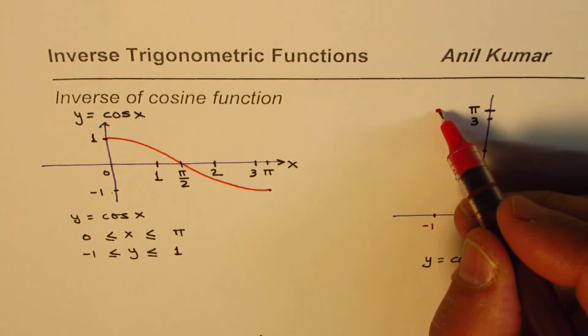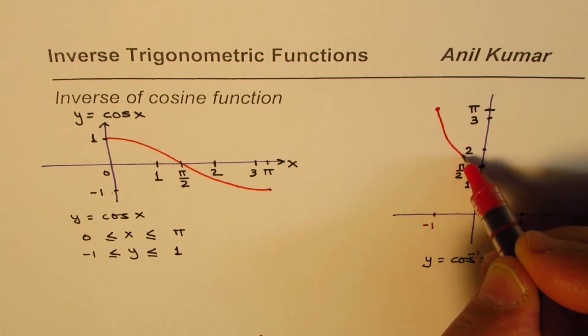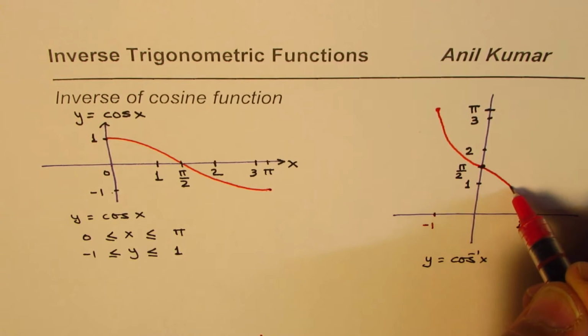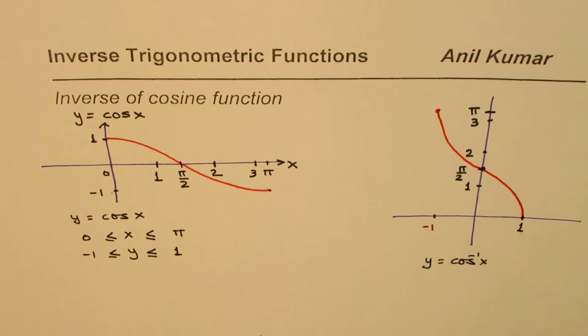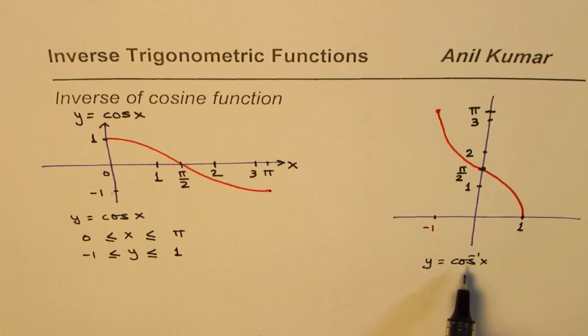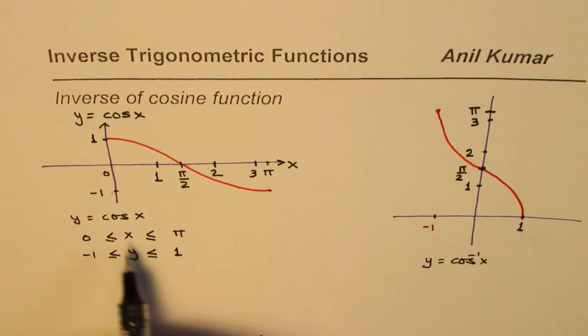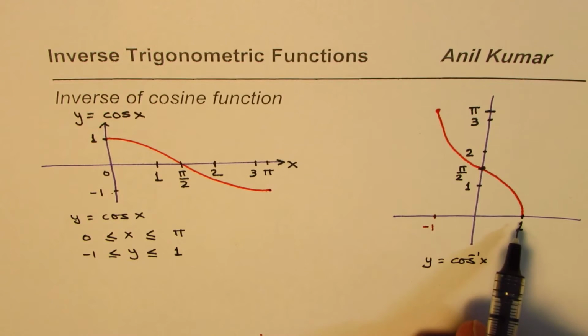So basically the cos inverse graph will be kind of like this. So that is how the cos inverse graph will be. As expected, in cos inverse, we will find that the domain and range will swap, right?